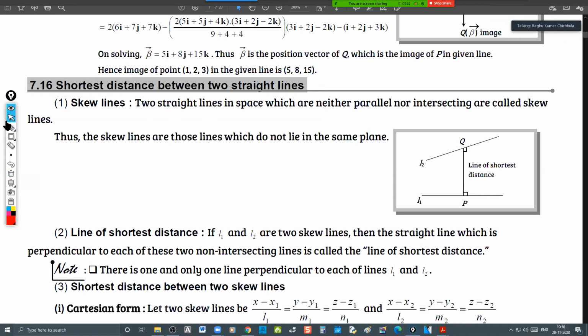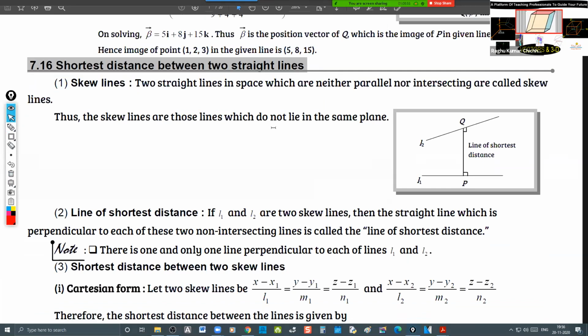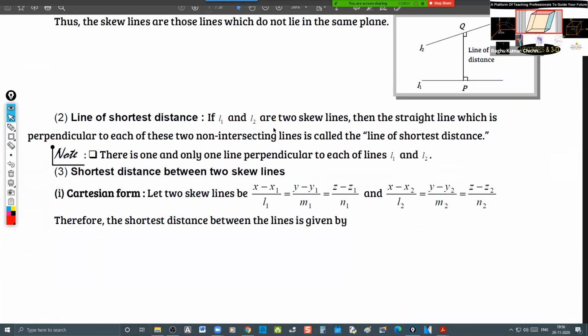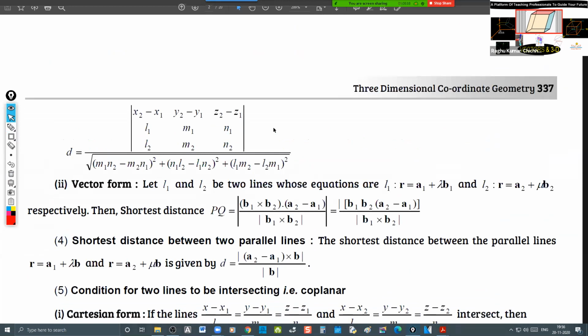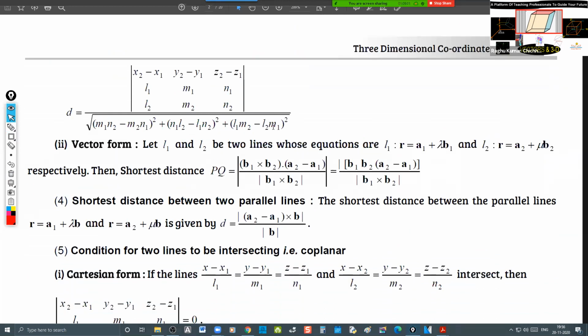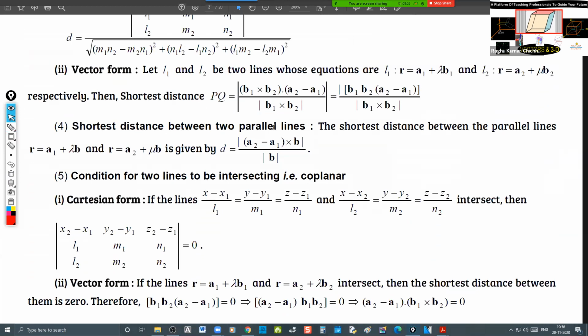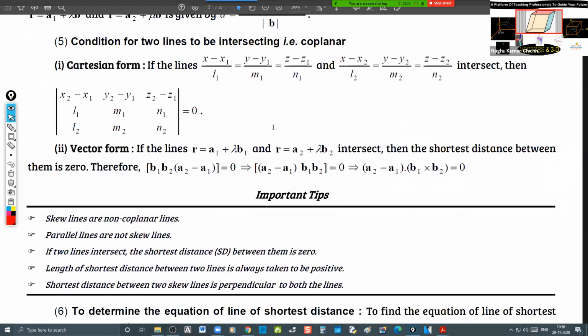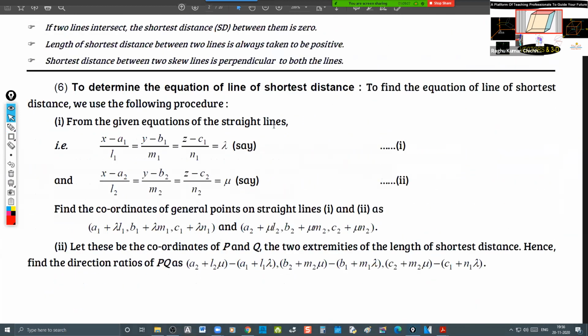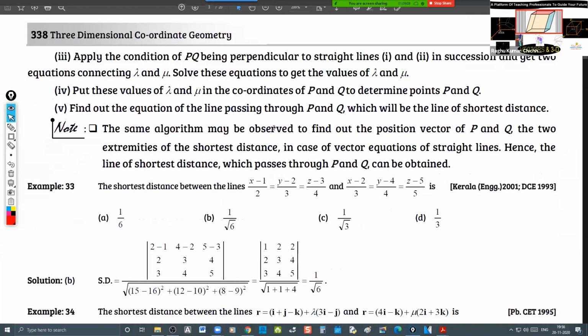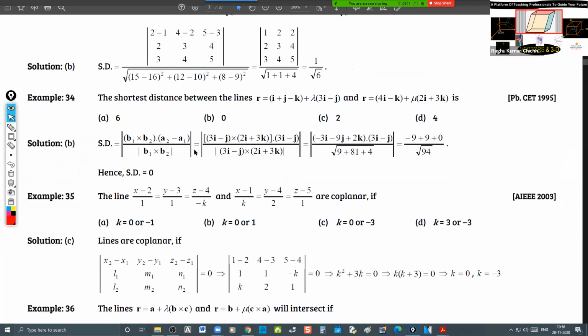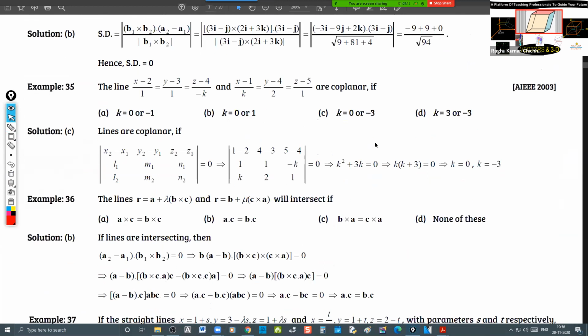We will see just the extension of that vector algebra, or how we convert that vector formula to the 3D formula. So shortest distance between the skew lines, we will see that, and this is the most important topic.